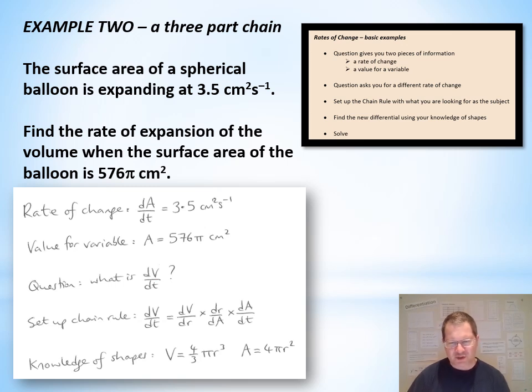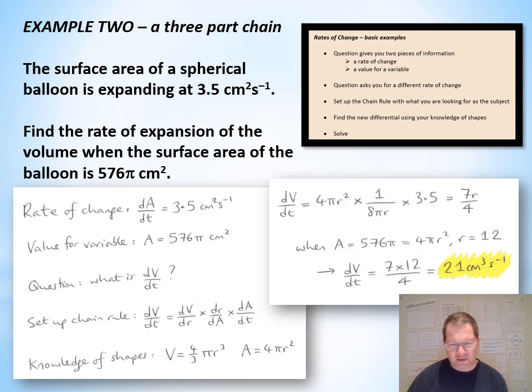And then in terms of knowledge of shapes, we know for a sphere that the volume is 4/3 pi r cubed and the surface area is 4 pi r squared, both of which we can differentiate. So we've got dV by dt equals dV by dr. If we differentiate 4/3 pi r cubed with respect to r, we get 4 pi r squared, which of course is the same as the formula for the surface area of the sphere.